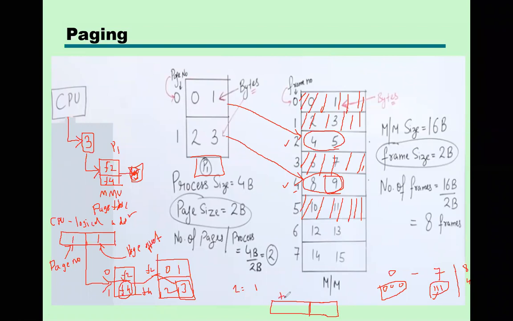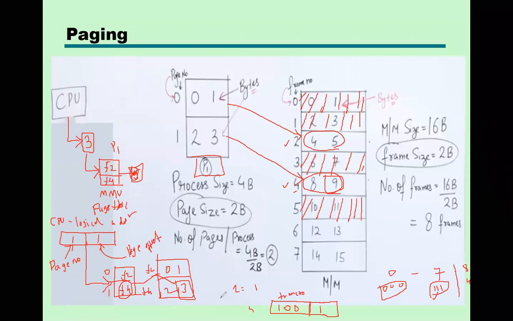So we can write here frame number 4. How can we write 4 in binary? 0, 0, 1, right? Seeing the logical address, for the 4, it is 0, 0, 1. 1, 2, 4. So this is the 4. And which byte of data? Second byte of data. That's why it is 1, right? Second byte of data.